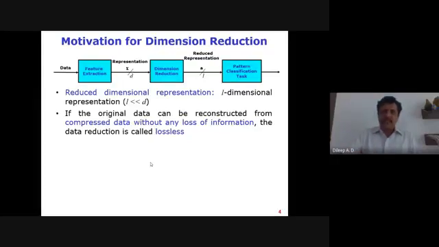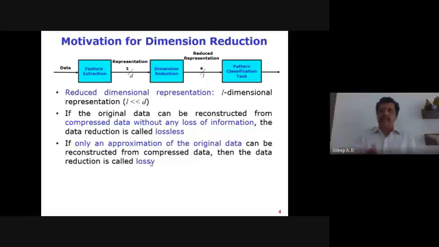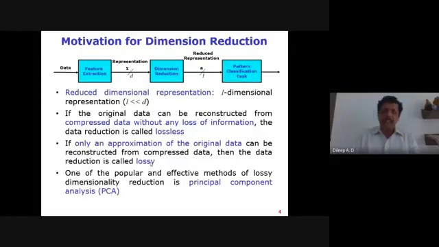But in most cases, when we transform to a lower dimension representation, we can't reconstruct data equal to the original representation from the compressed one. We can only reconstruct an approximated version, and that is why this kind of data reduction is called lossy data reduction. Principal component analysis is one such technique used for feature transformation to get a reduced dimension representation, and it is a lossy dimension reduction technique.